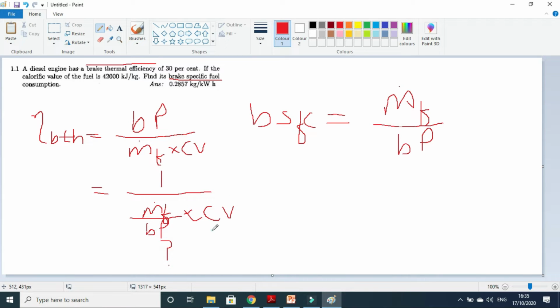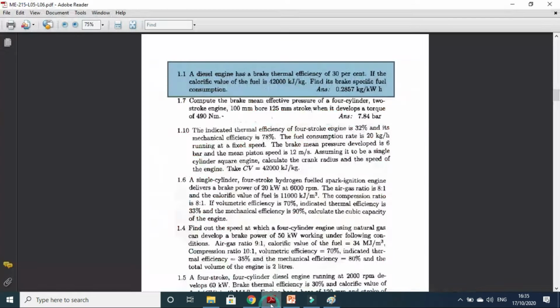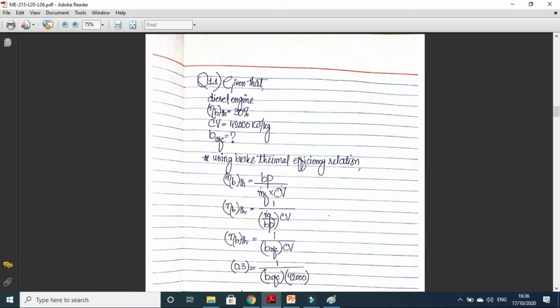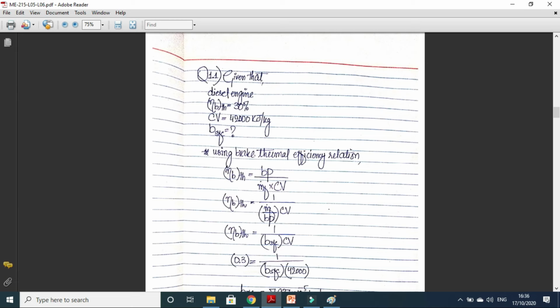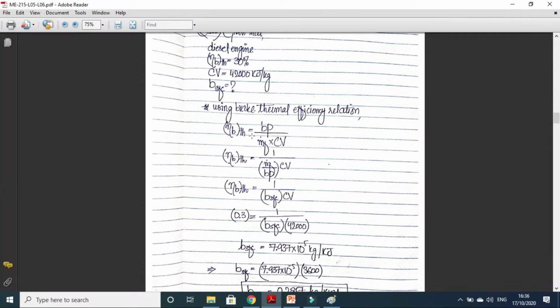This thing is unknown. See, calorific value is given, and brake thermal efficiency is given, 30% and 42,000. So now this numerical has become very easy. Given is brake thermal efficiency 30%, calorific value 42,000 kilojoule per kilogram. This is the formula for the brake thermal efficiency.